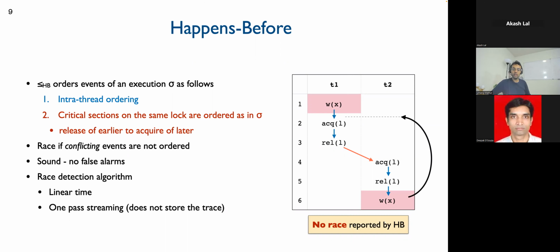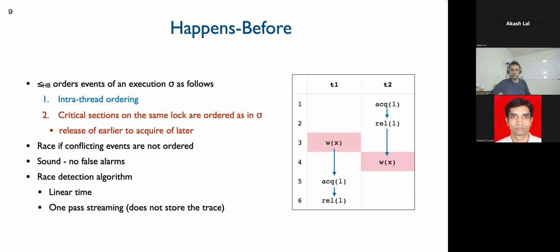I can reorder the write of X so that it comes after the write of X in T1. As you can see, this reordering gives you a data race, and this is a correct reordering because it doesn't violate any of those things. There are no reads, so of course no control flow is violated, no critical sections are being overlapped, and also thread-wise, I'm not changing the order of events.